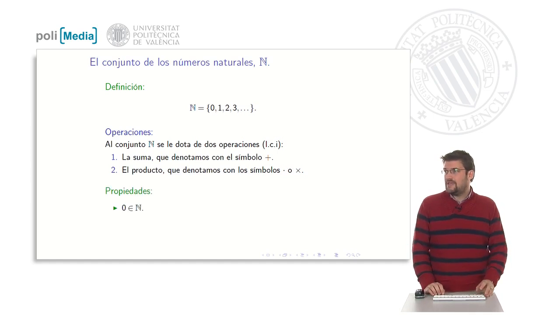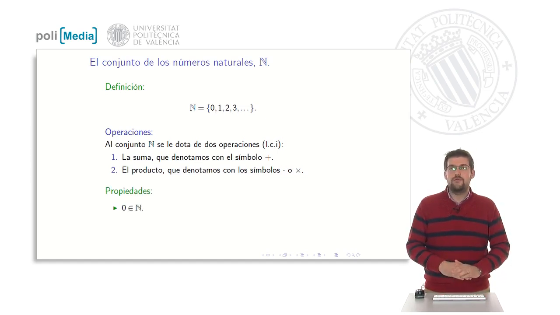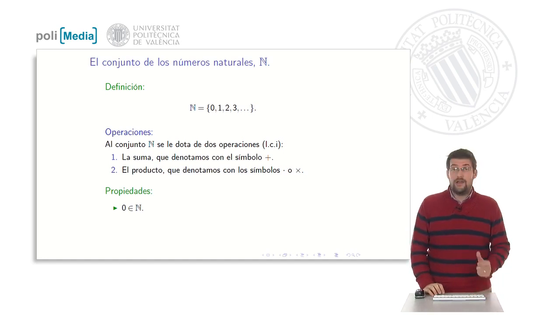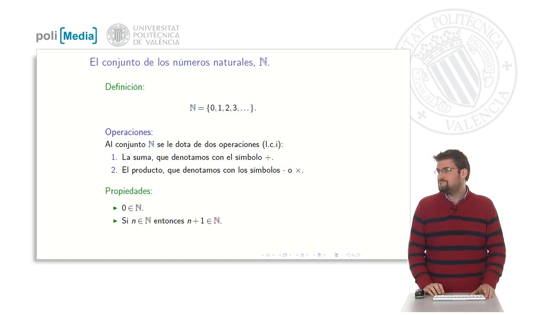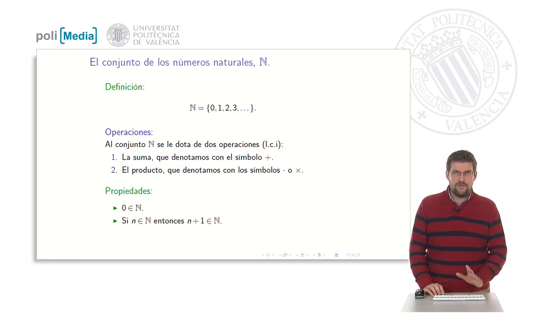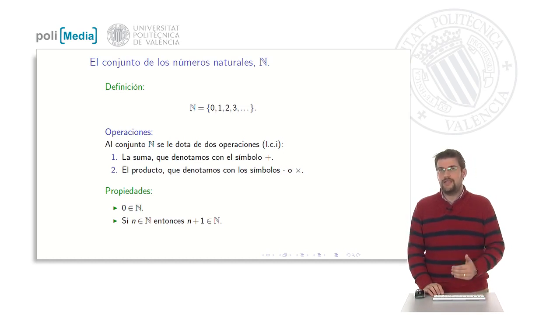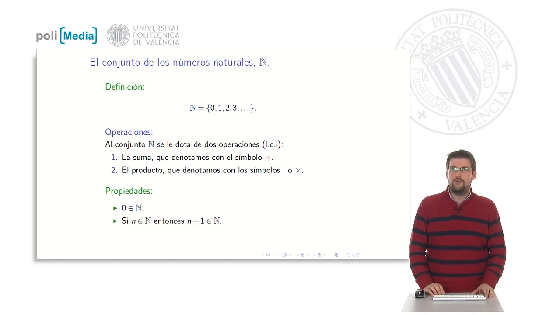One of the most notable properties of the set of natural numbers as we start is that 0 is considered an element of the natural numbers. This is a specific assumption we make in this unit. The fundamental property here is that if an element, a number, belongs to the set of natural numbers, then the next number is also in the set of natural numbers.